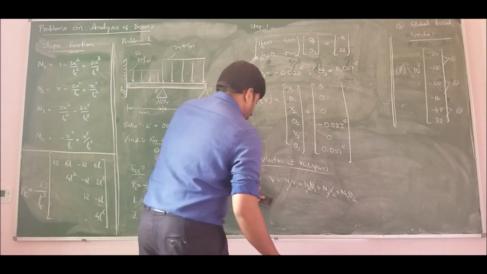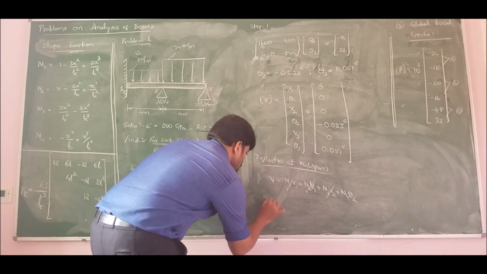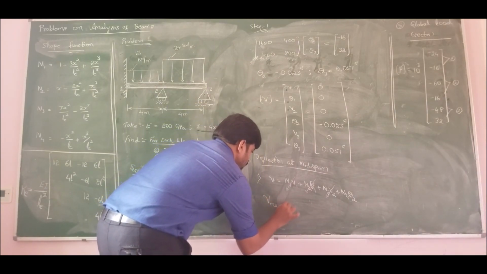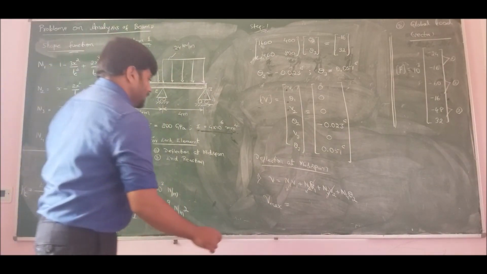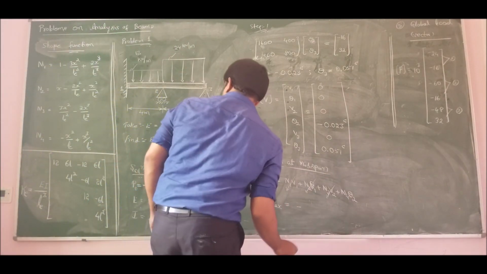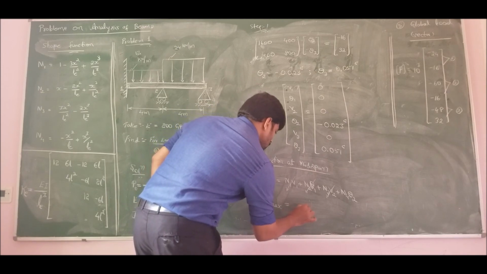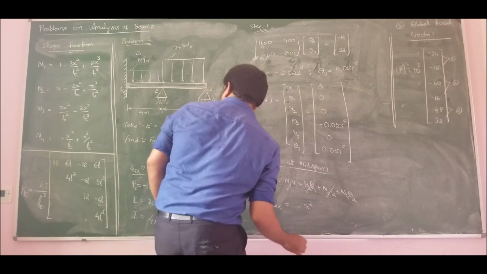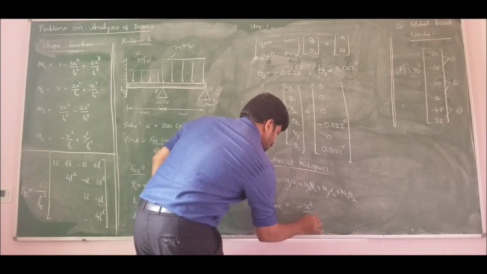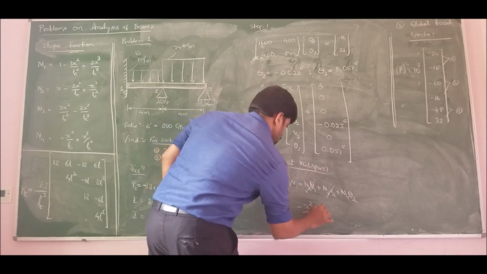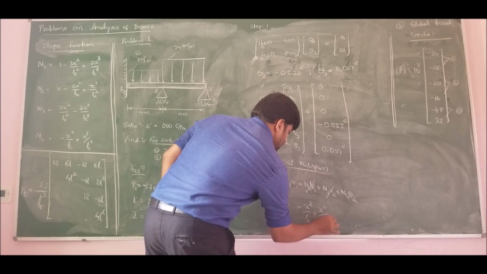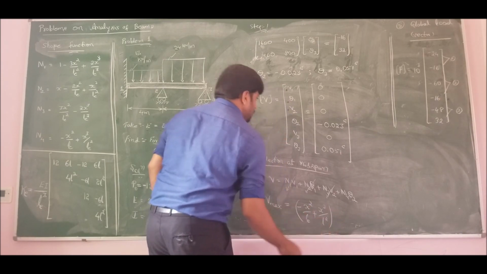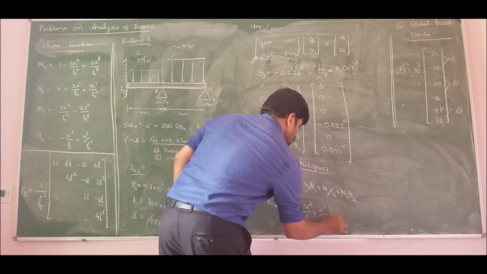So therefore, Vmax for element 1 is N4. So N4 is minus x square by L plus x cube by L square whole multiplied by theta 2.